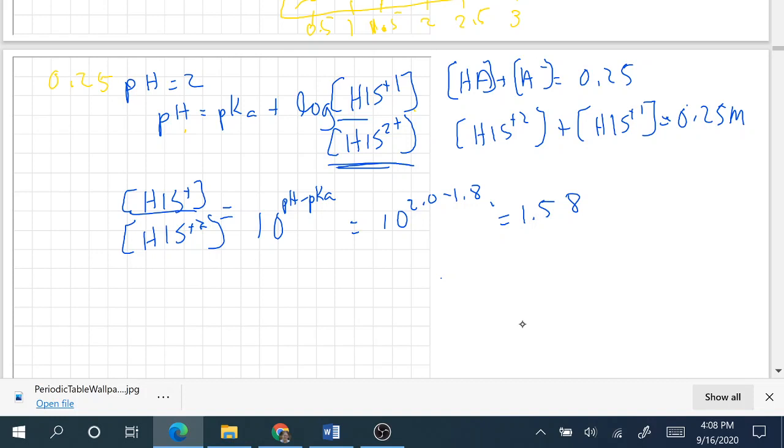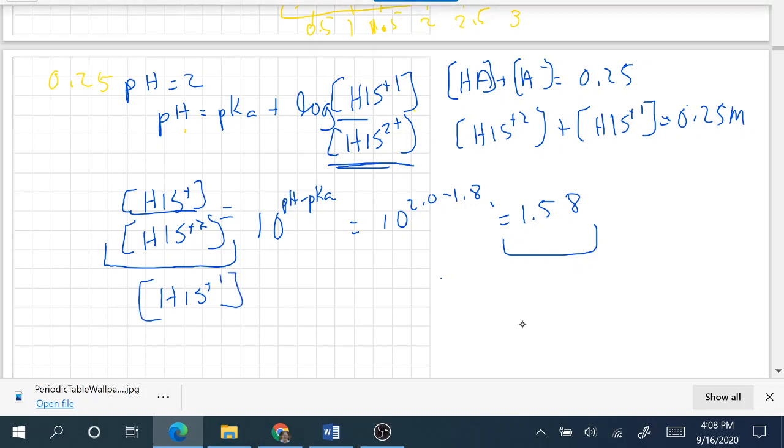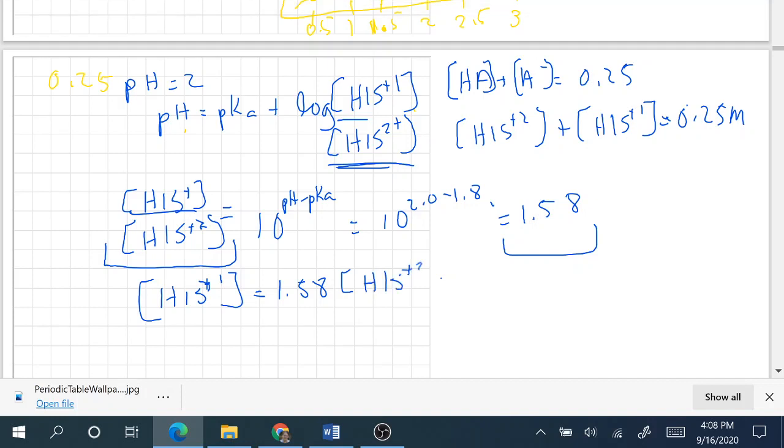So our concentration ratio is equal to 1.58. So we can say that our His plus 1 is equal to 1.58 times His plus 2.